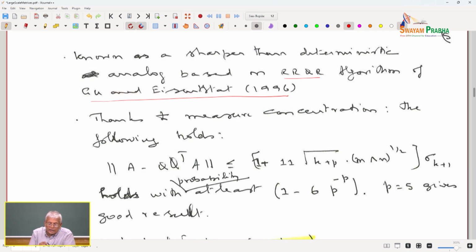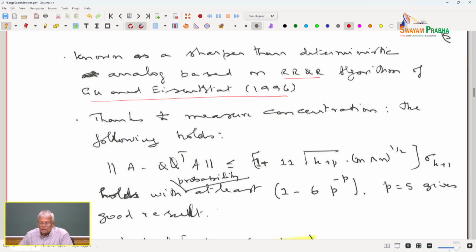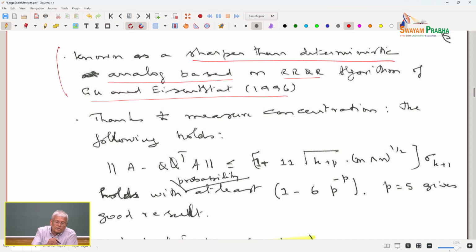So, in 1996, Gu and Eisenstat proved a bound which I am not going to deal with right now, but I want to tell you this bound is sharper than the deterministic analog based on the RRQR algorithm. So, this essentially tells you that this result is an improvement over an existing result.